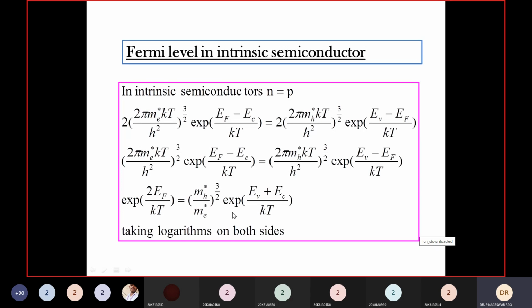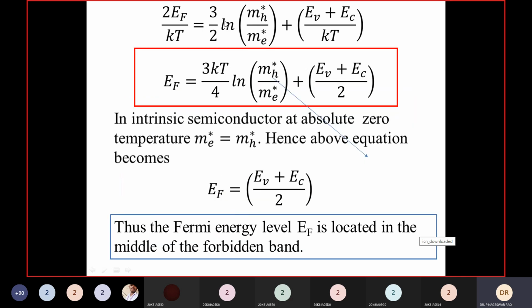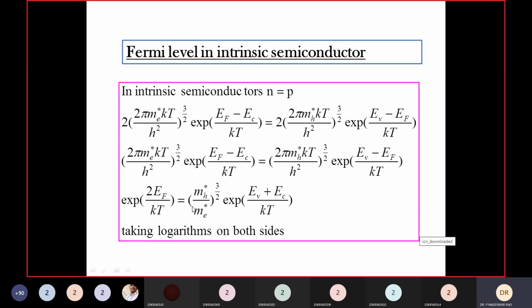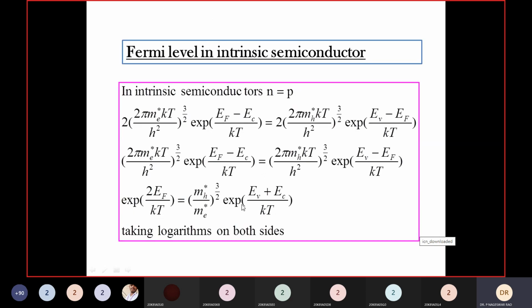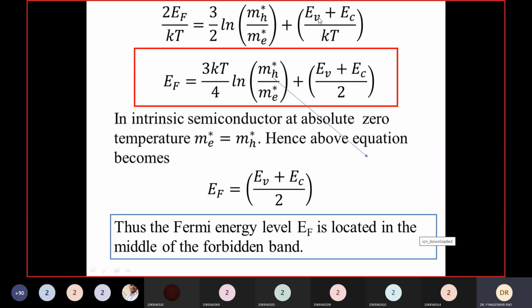Log of (mh/me) whole power 3/2: log a to the power n is n into log a, so we write 3/2 into log of (mh/me). Similarly, for this term the exponential gets cancelled, simply (Ev + Ec)/kT.